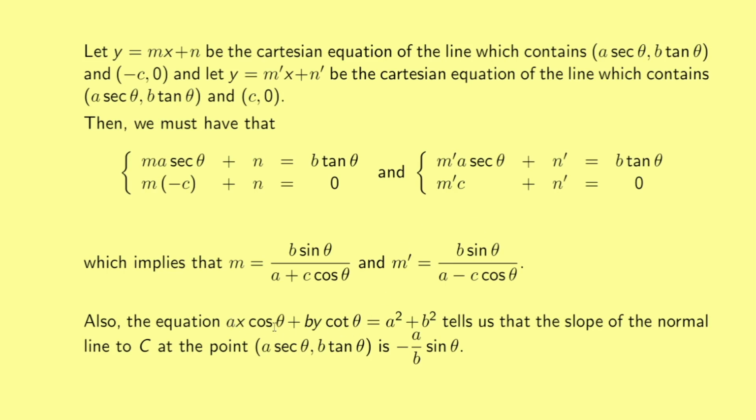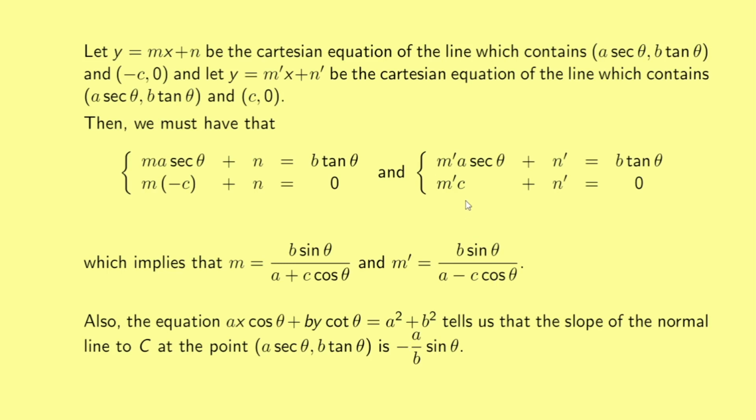If we solve this equation for y, we get by cotangent theta equals minus ax cosine theta plus a squared plus b squared. Then we divide by b cotangent theta, and we obtain what we wanted. I'm just interested in the slope. We obtain that the slope of this line is minus a over b times sine theta.